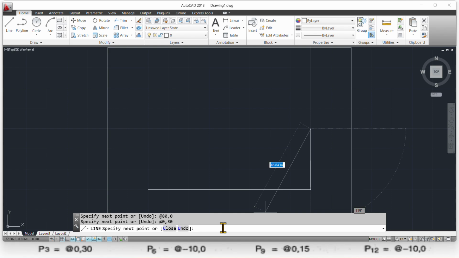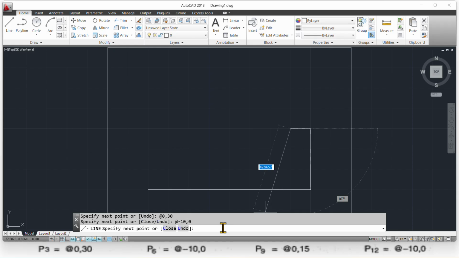Now it is asking for the next point. The next point is @-10,0, because we are moving in the negative x direction. At the rate minus 10 comma 0.